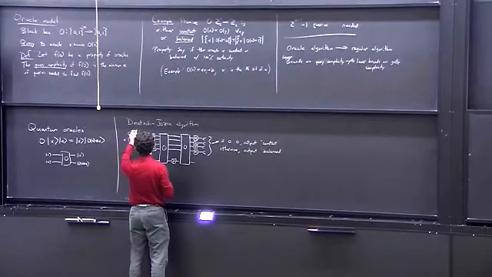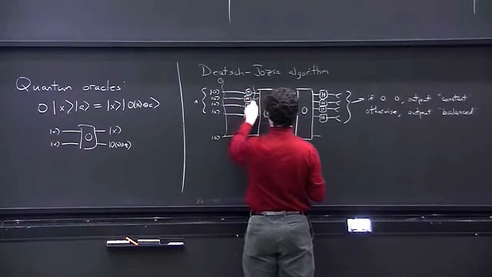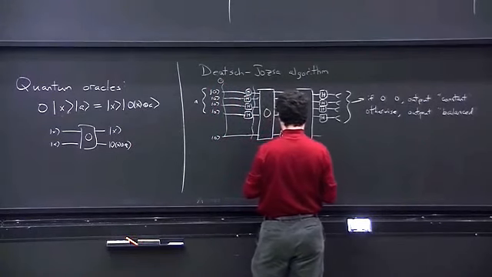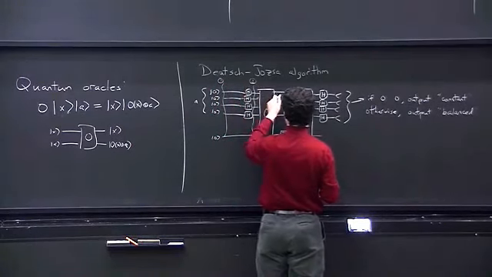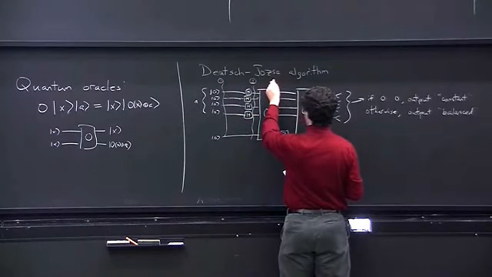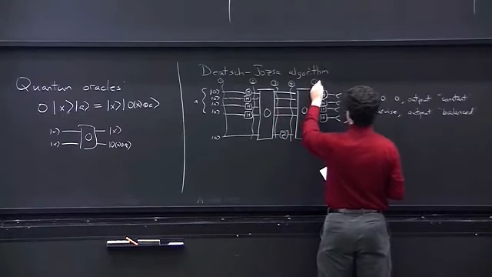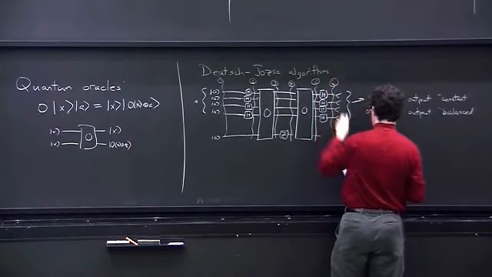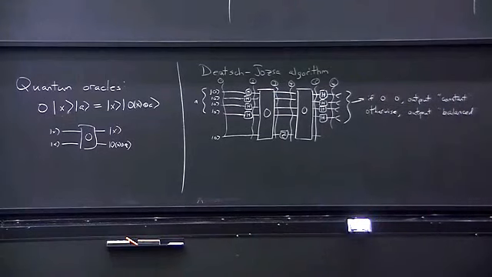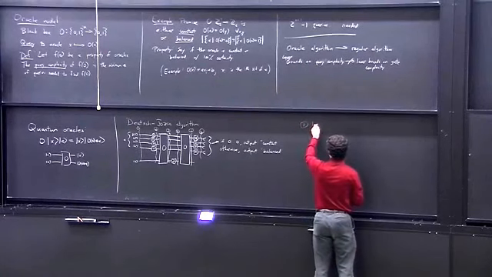Okay? So let's see. Here we have step 1, step 2, step 3, step 4, step 5, step 6. So let's go through and figure out what happens in the circuit at each time step. Obviously at step 1, we have the state all zeros.